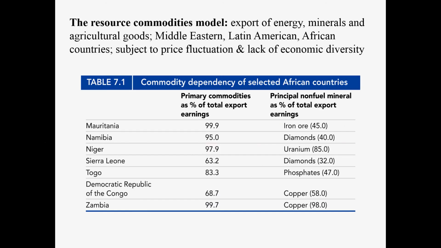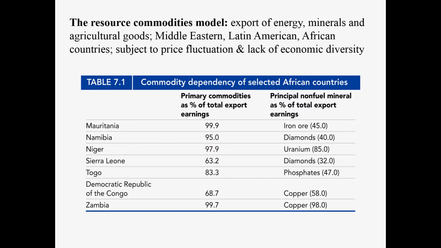Then you have another international trade development strategy that we call the resource commodities model. These are the group of countries that concentrate on exporting energy, minerals, and agricultural products to the world market.